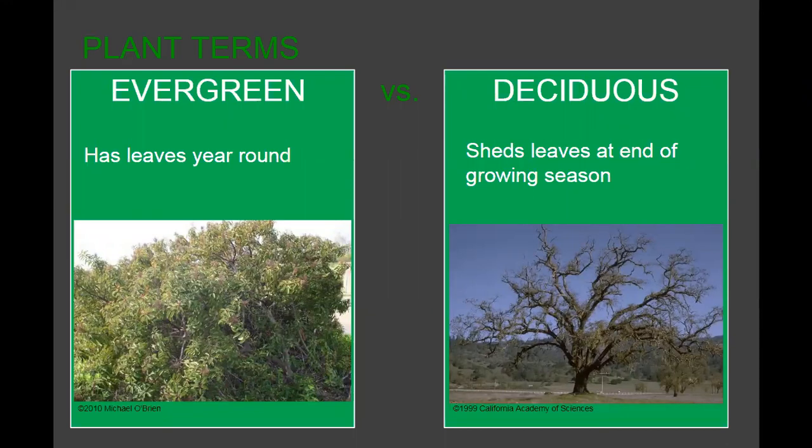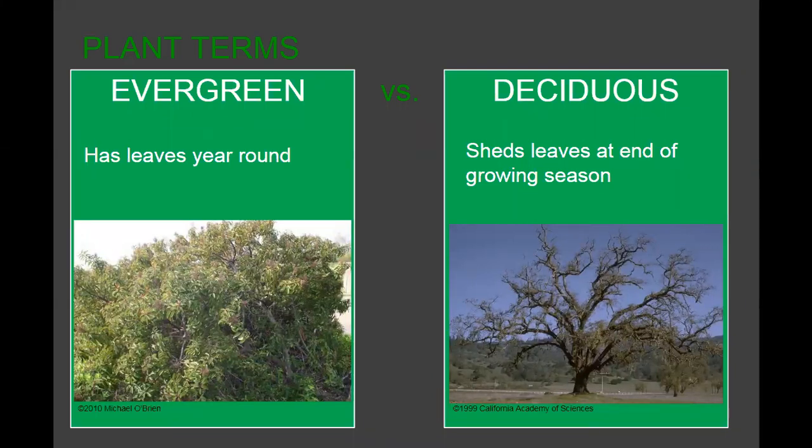Then we have evergreen and deciduous, and this is important. Evergreen is basically a plant that has green leaves year-round. That is very much the case for a lot of our native species, but essentially also all the ornamentals that you see planted throughout the Los Angeles basin.